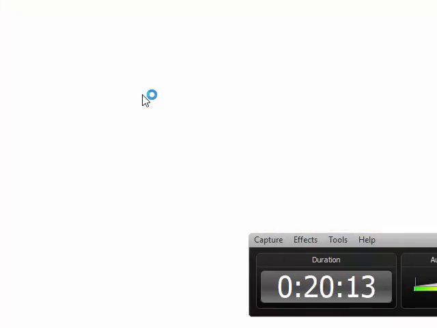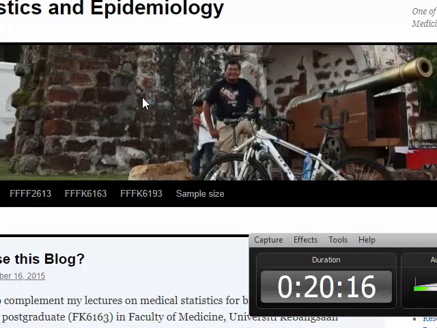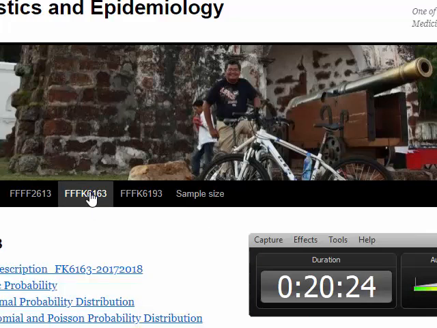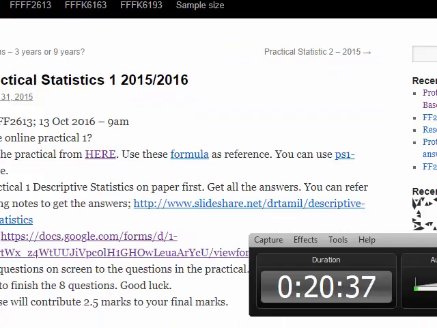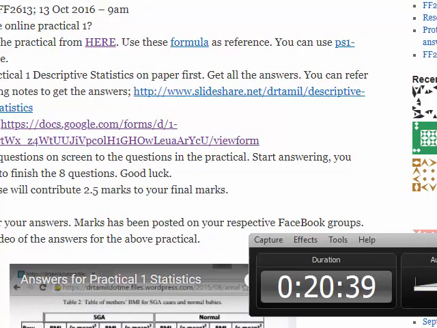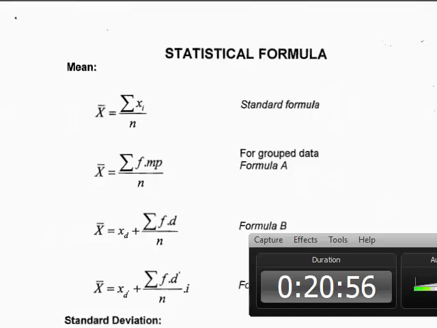When you are asked to do the exercise, you are told to refer to a formula, and the formula is this. Let's go to PS1, Practical Statistics 1. You are asked to refer to the formula for your references. Click on the formula. So this is the formula.